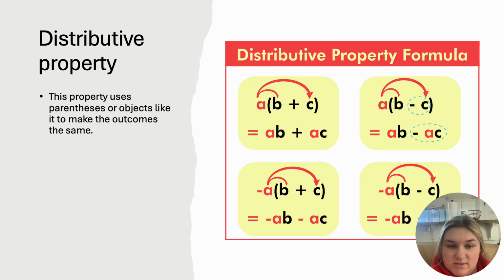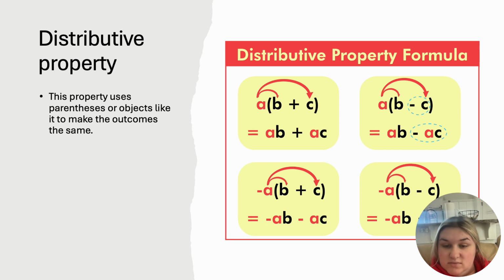Next is the distributive property. This is when they use parentheses or objects like the parentheses to make the outcomes the same. So in the top left, you have A times B, you multiply in the parentheses, then you have A times C, and then you add those two together. That would be the under part of the first one.